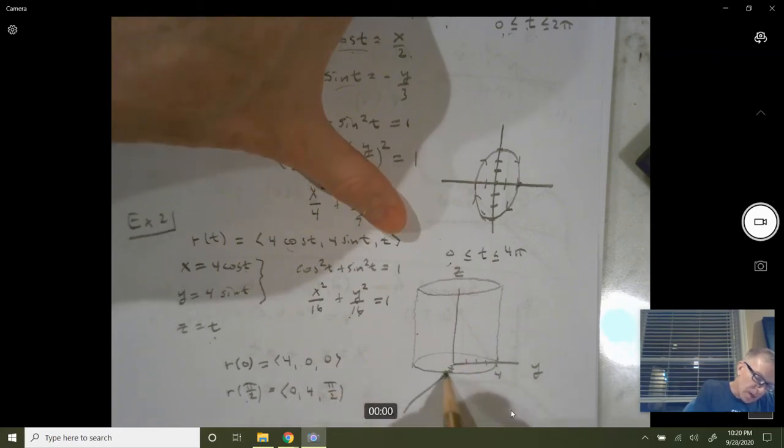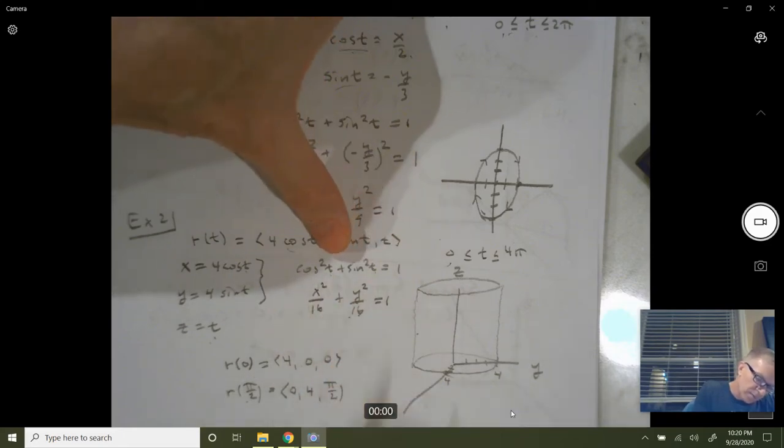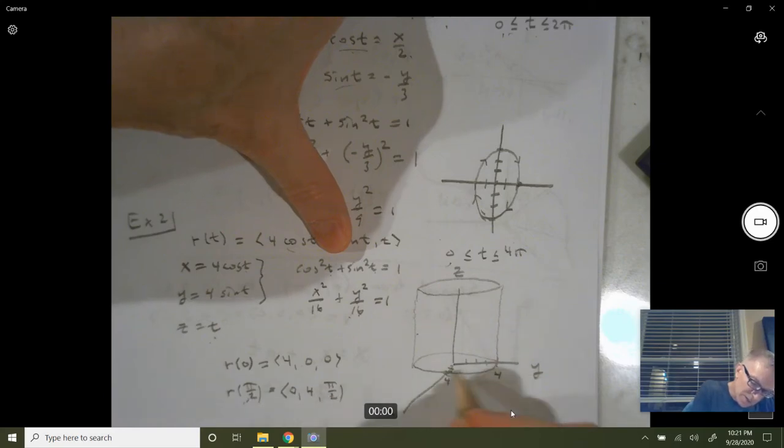So when t is pi over 2, which gets us over here, notice what happens. When this is pi over 2, our z value is also pi over 2. So we're actually traveling around the cylinder like this.